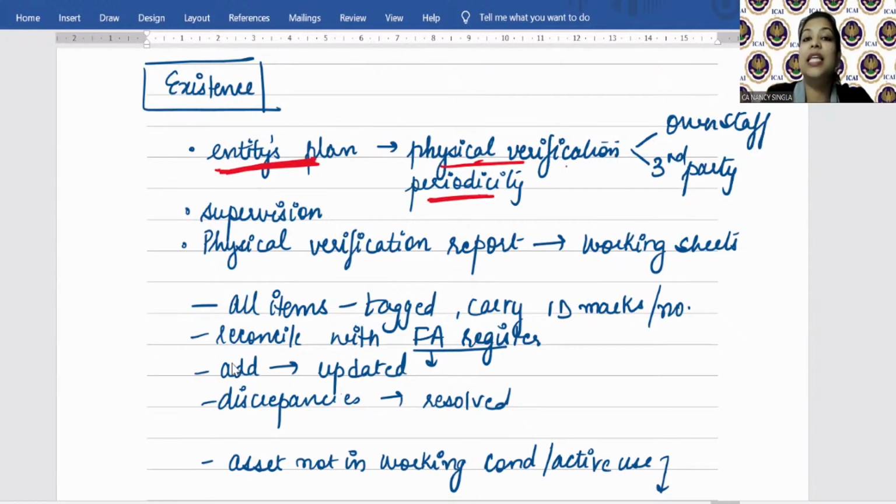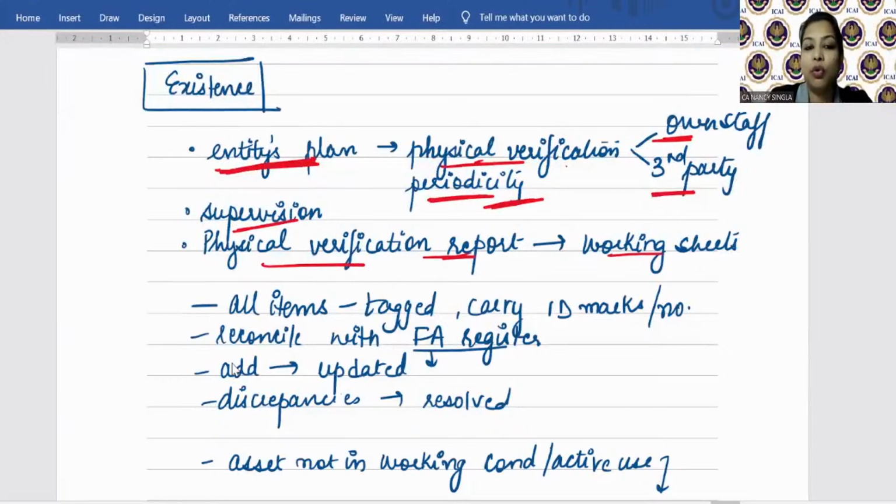Whether the entity is getting the physical verification of PPE done by the own staff or some third party has been involved. Periodicity, whether the physical verification of the property, plant and equipment is been conducted once a year or once in 2 years or once in 3 years, auditor will consider that. Accordingly, he will plan his attendance. Okay? He'll see whether supervision has been done or not.